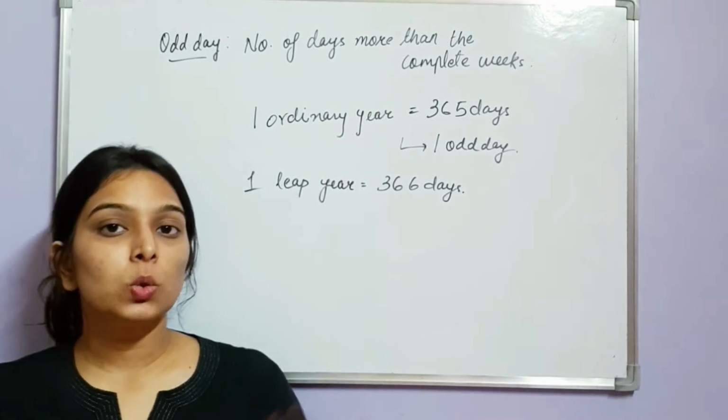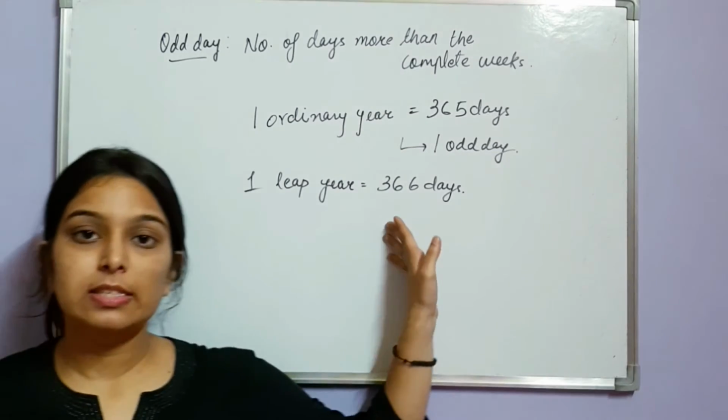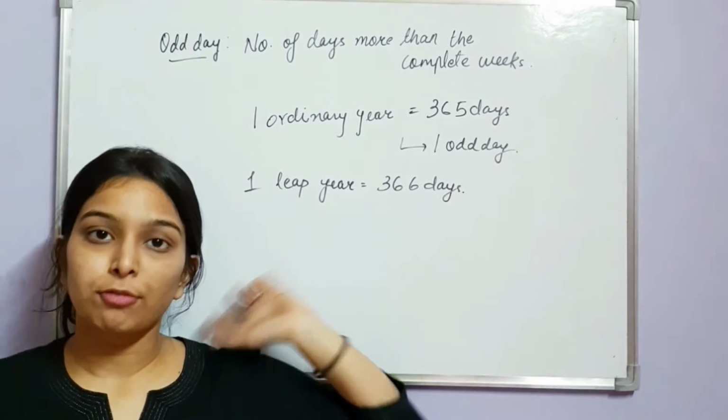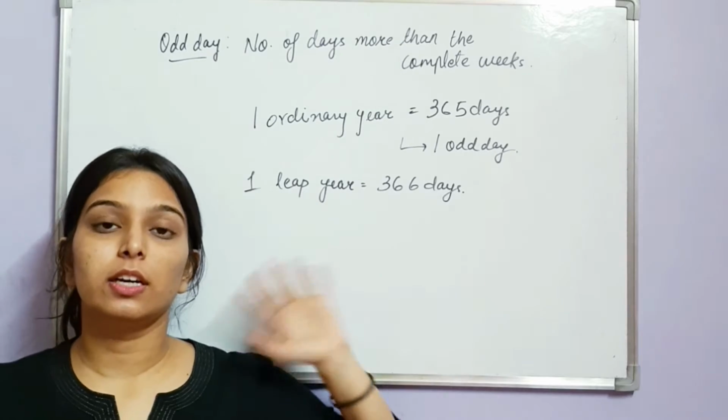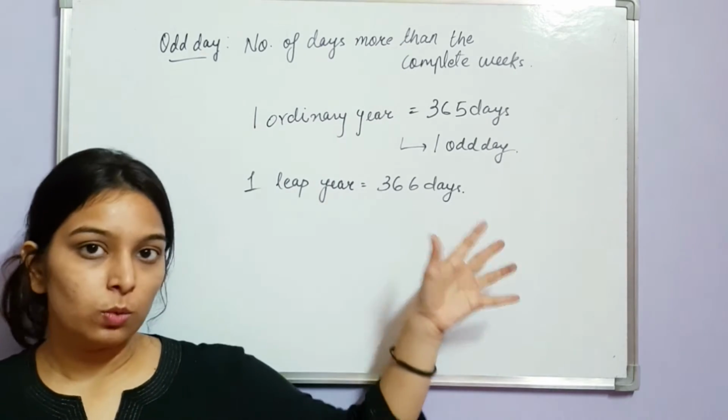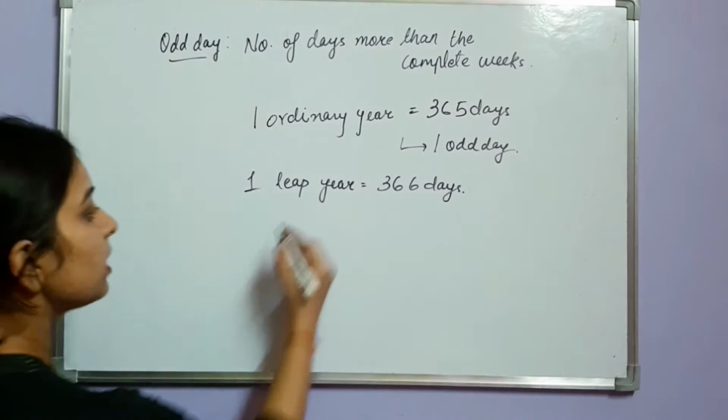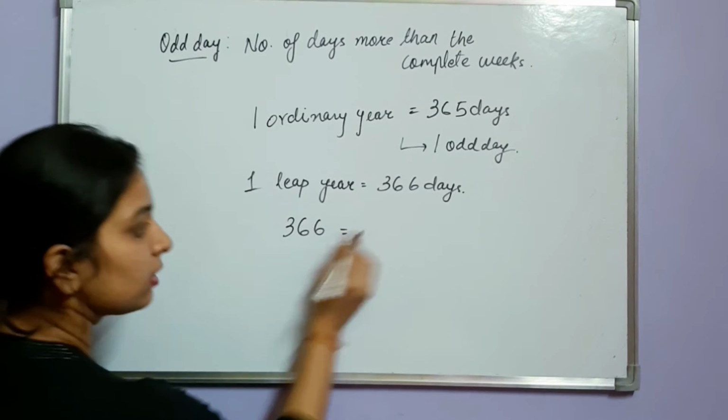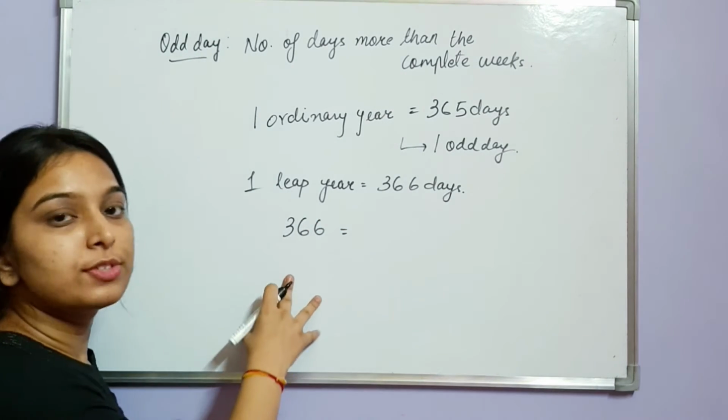Now, we all know that a leap year comprises 366 days. So if we have to find out how many odd days are there in a leap year, then again we are going to use the same concept. We are going to write 366 as a multiple of 7.